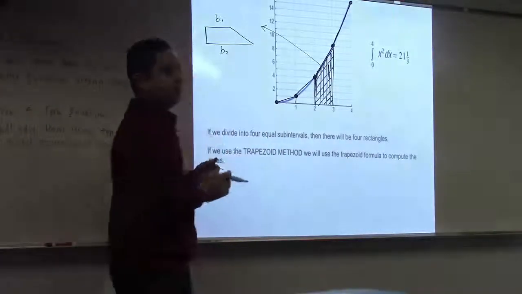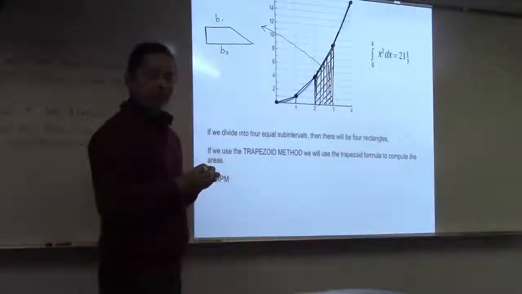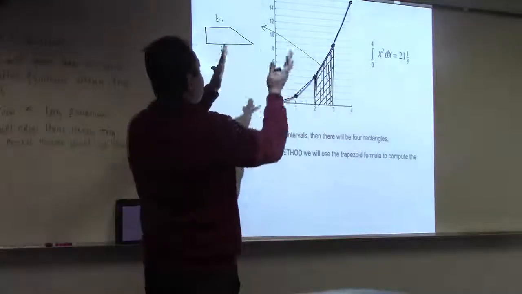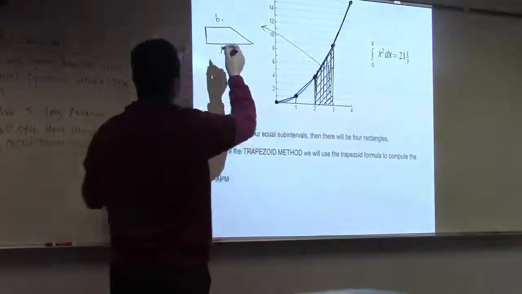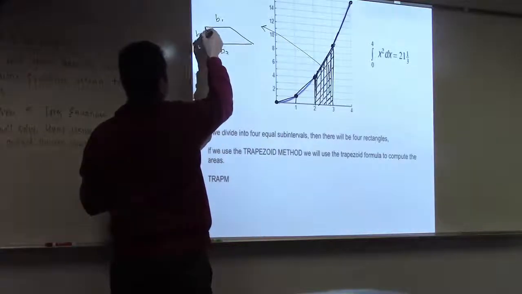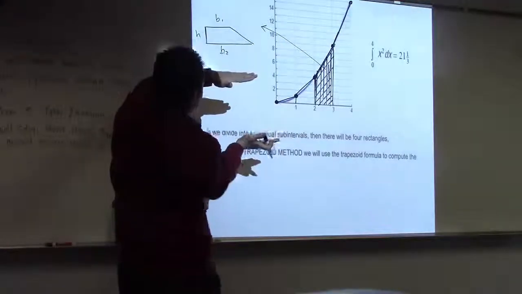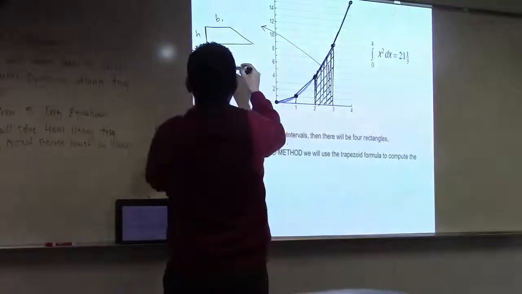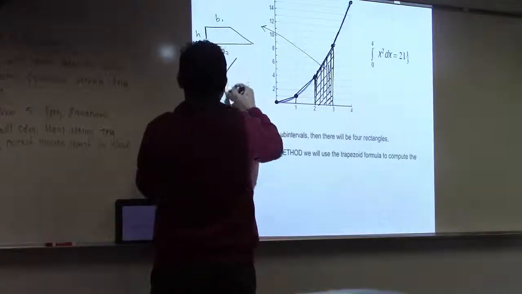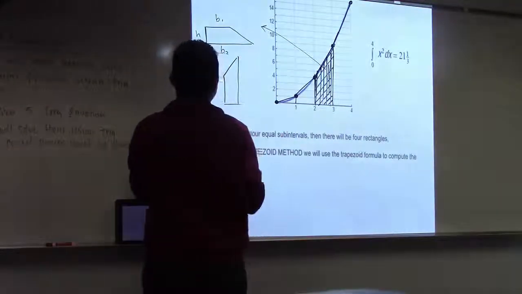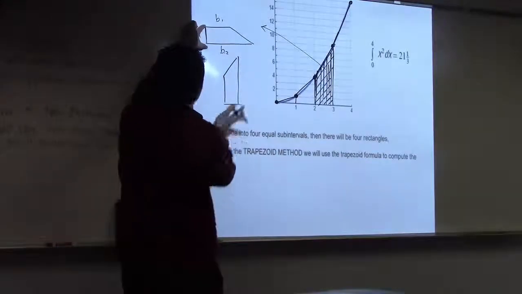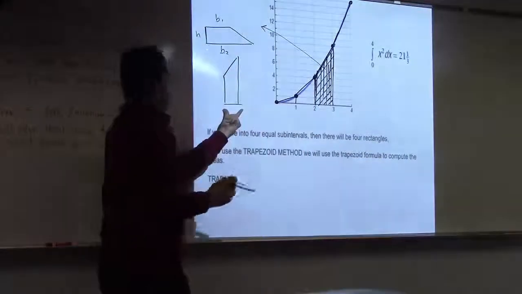But here, when we're doing approximation methods, we're going to tilt it, right? So if you notice, this is your B1, your B2, and this is your height. Guess what? Once you shift this, you rotate it, then it becomes this. So that height, after you rotate it, is really this right here.